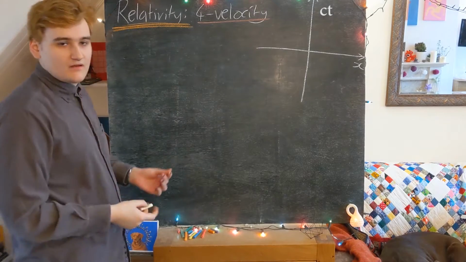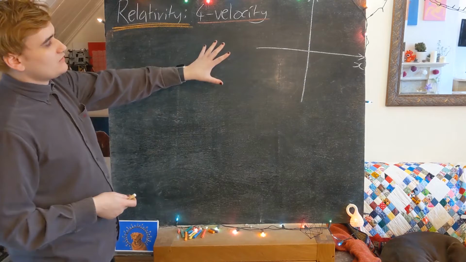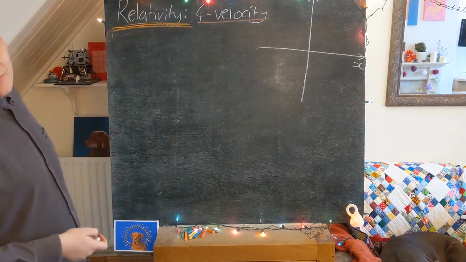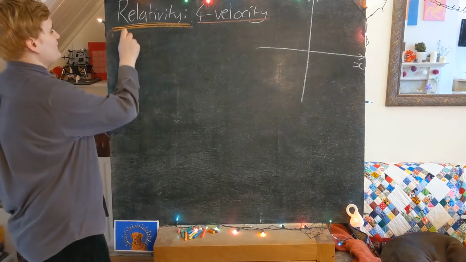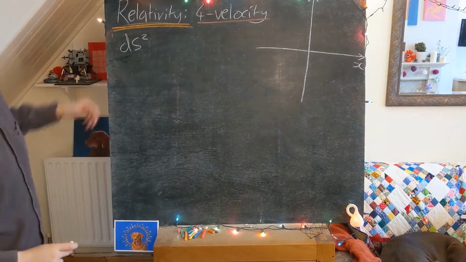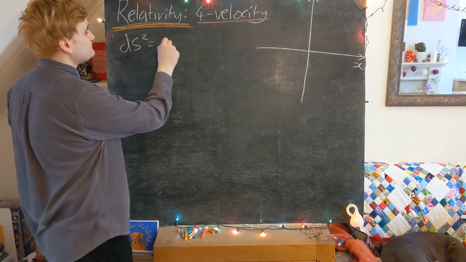And so I want you to now just go back and briefly recall when we explored a little bit about the metric or the geometry of this space-time. When we first introduced the line element, ds squared, we defined it using the metric tensor.